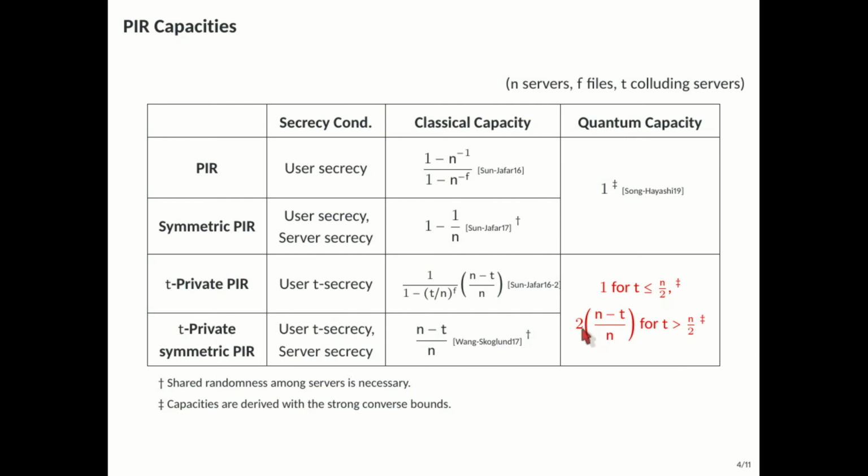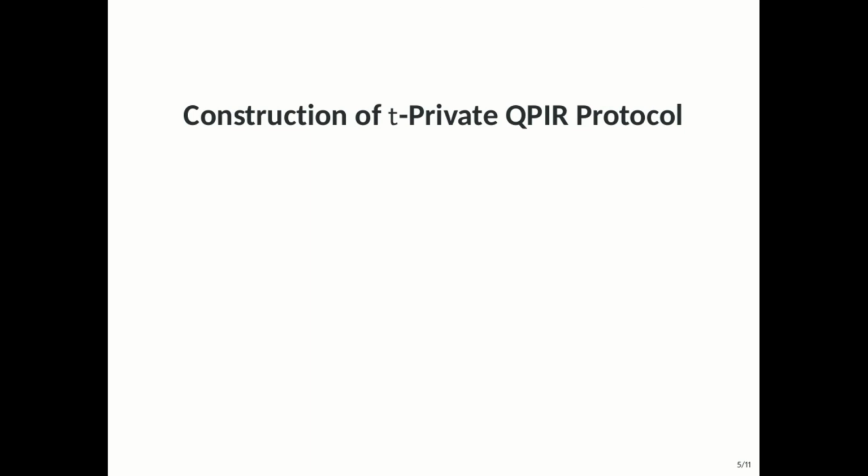The classical counterparts are already studied, and our result is greater than these classical results. And our capacity result is proved by constructing an optimal protocol that achieves this capacity and proving some tight upper bound of the QPIR rate, which we call the converse bound. So let me start from the construction of the optimal protocol.